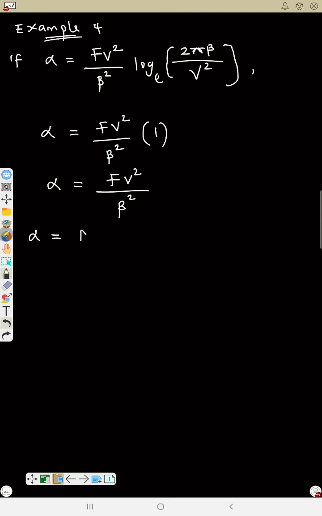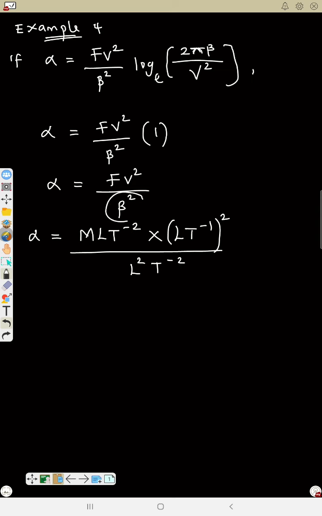Force, and the dimension of force is M L T raised to power minus 2, times velocity, L T raised to power minus 1, but everything is raised to power 2, divided by beta squared. We know our dimension for beta as L squared T raised to power minus 2. We found it just now, in the first part of the question. But that beta is raised to power 2, so I have to square it also.